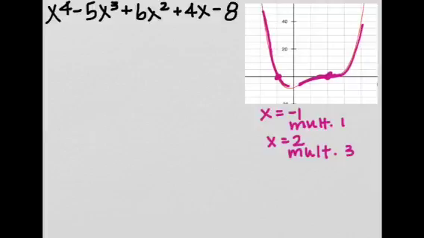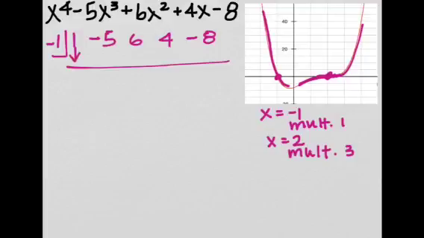So now let's use synthetic division to confirm all of this. I'm going to start with my -1 and my coefficients 1, -5, 6, 4, negative 8. In doing so, let's see, I get negative 1, negative 6, 6.